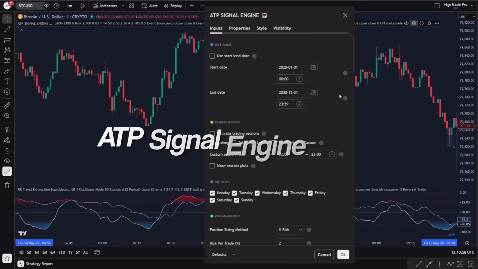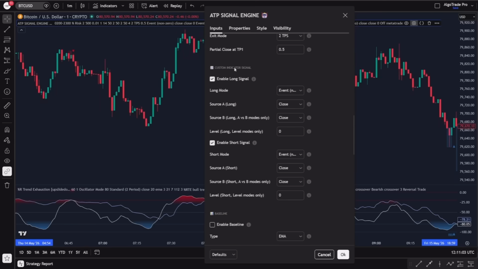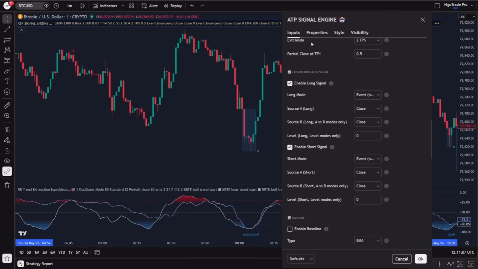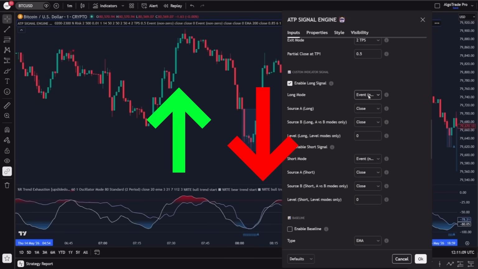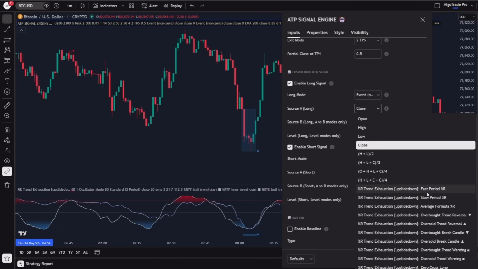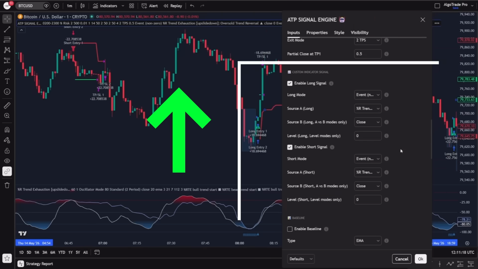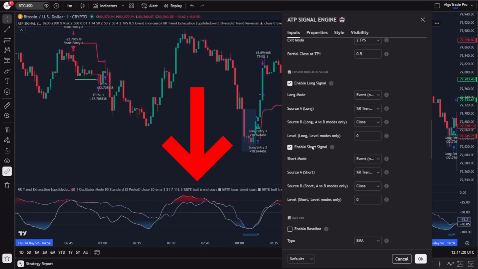So inside the ATP Signal Engine inputs, I simply scroll down to the custom indicator signal section. Since this indicator already gives us bullish and bearish signals directly on the chart, all I need to do is select Event as the signal type, then assign the bullish reversal signal for longs and the bearish reversal signal for shorts.